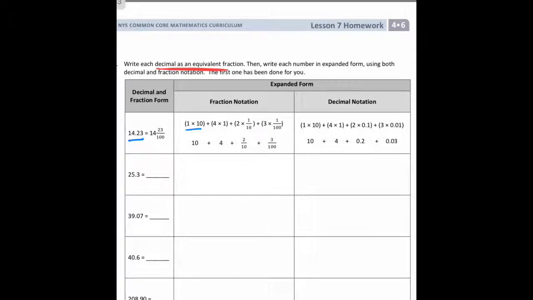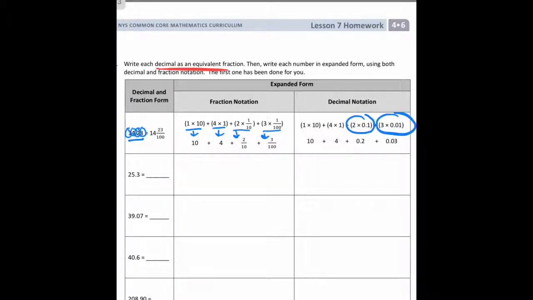And then in fraction notation, they took each place value. So 1 times 10 because there's a 1 in the tens place, 4 times 1 because there's a 4 in the ones place, 2 times 1 tenth because there's 2 in the tenths place, and 3 times 1 hundredth because there's a 3 in the hundredths place. Then down below, they wrote the value of each one, and when you add them all up, you end up getting 14 and 23 hundredths.